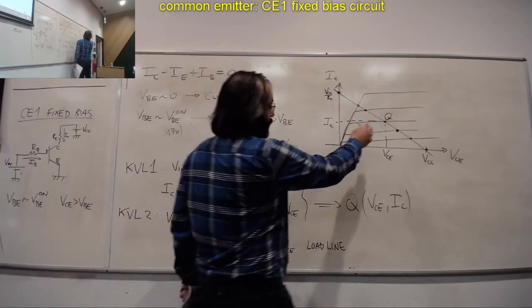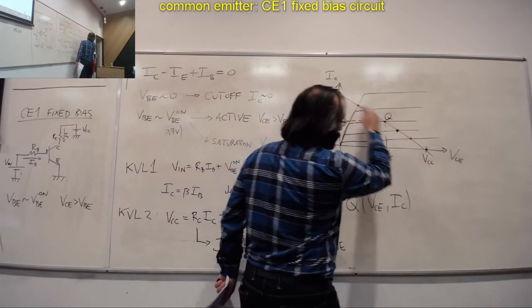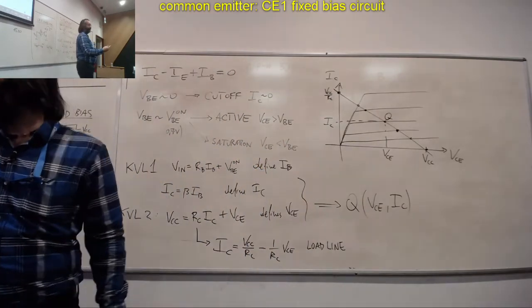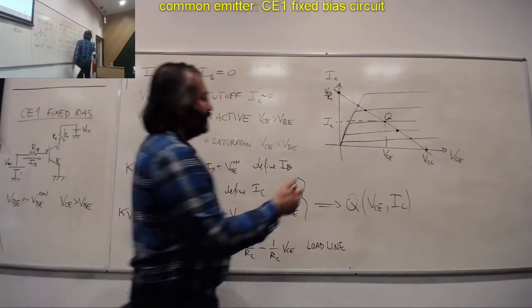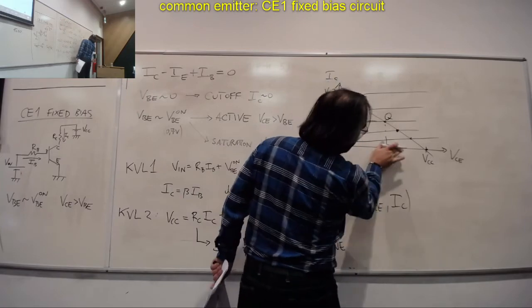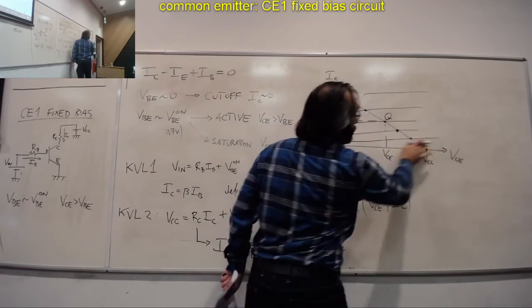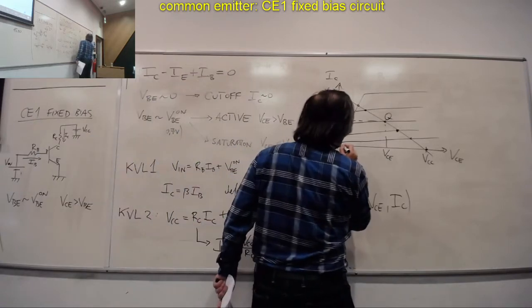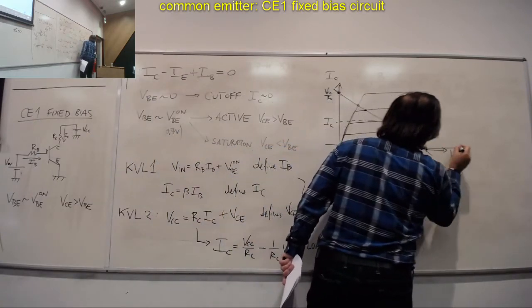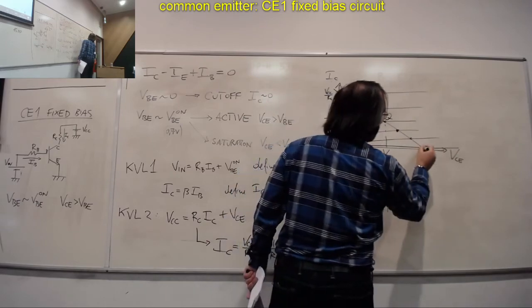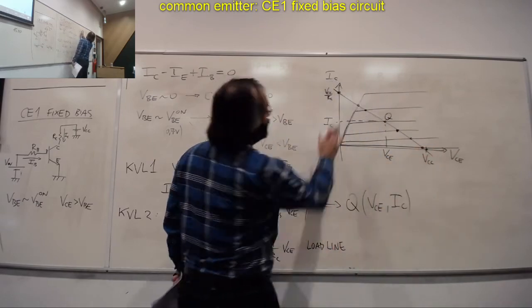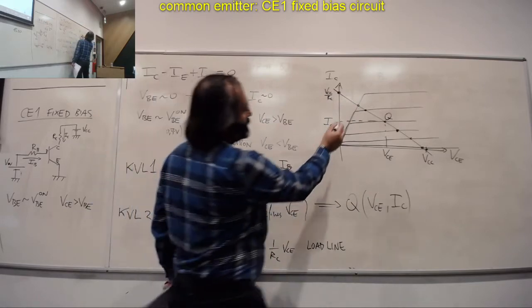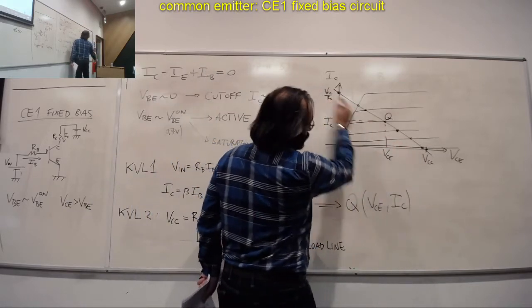But I think this fact that Q could move along this line is particularly interesting also from the application point of view, because if you remember, down here is the cutoff regime where the transistor goes off. Let me draw here this line. This is the saturation part. So you can see that I can drive through the load line.